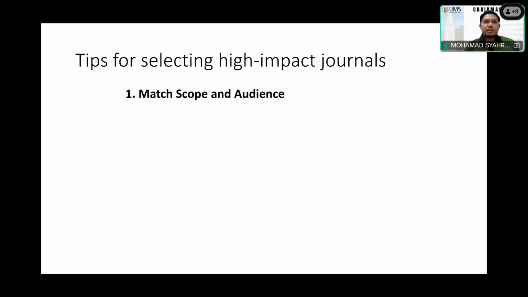You have to convince the editor, right? If not, the associate editor at the first level will reject your manuscript because it does not match the scope and audience of the journal.